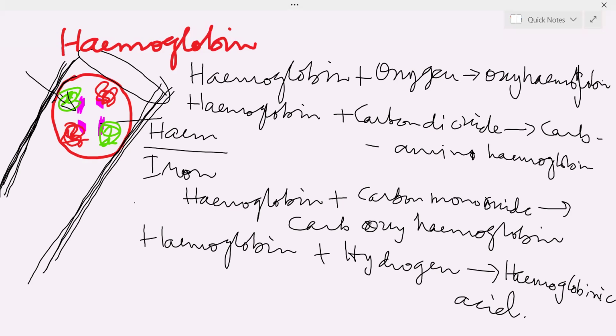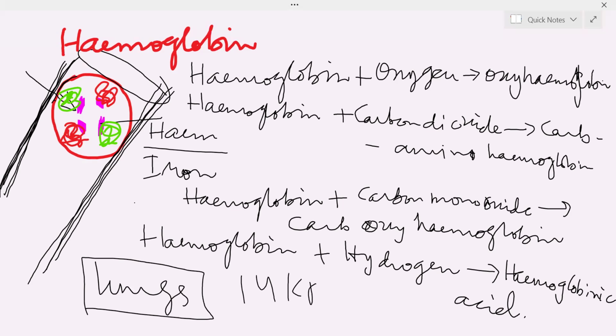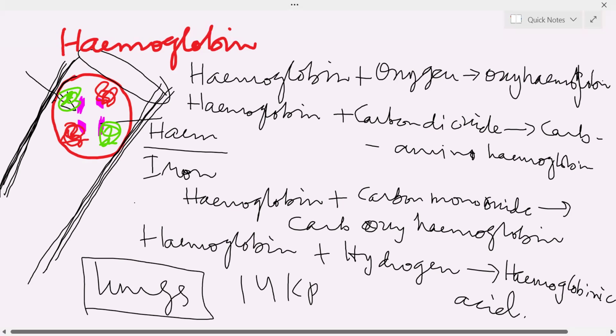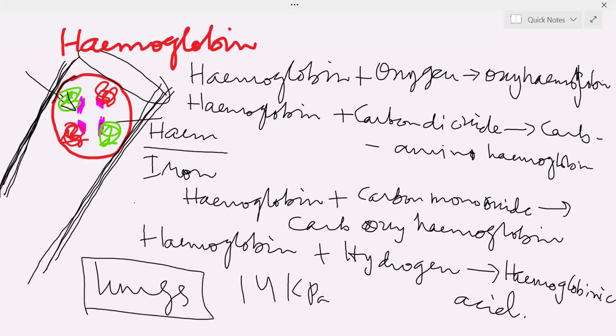When hemoglobin reaches the lungs, they have the maximum pressure of oxygen, which is 14 kilopascal. At 14 kilopascal, 98% of it is saturated. Hemoglobin is 98% saturated with oxygen when it reaches the lungs. But what is the most unique characteristic of hemoglobin?